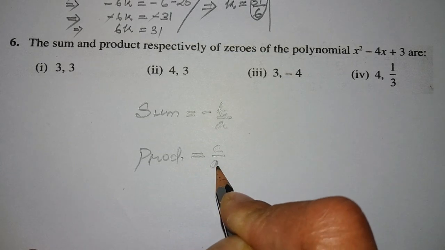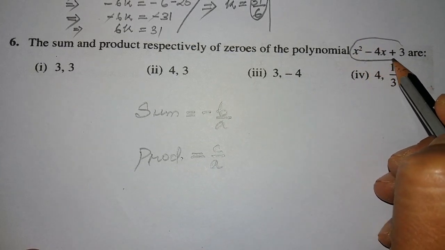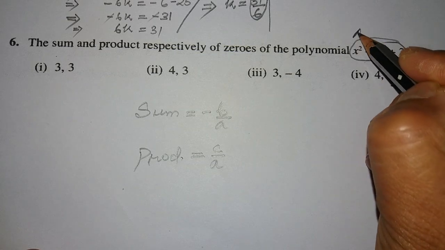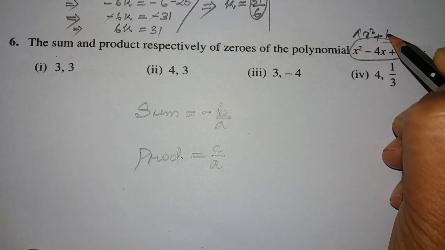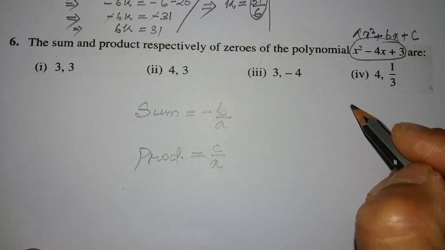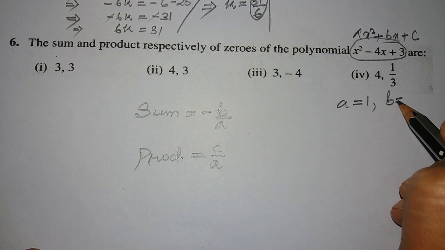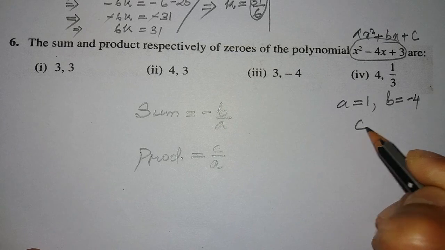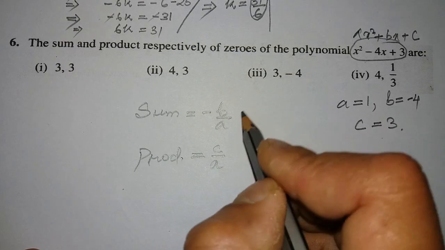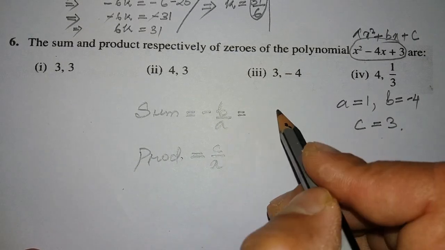C by a. Now this quadratic polynomial, if we compare with ax squared plus bx plus c, we get a equal to 1, b equal to minus 4, and c equal to 3. Now let's substitute here.